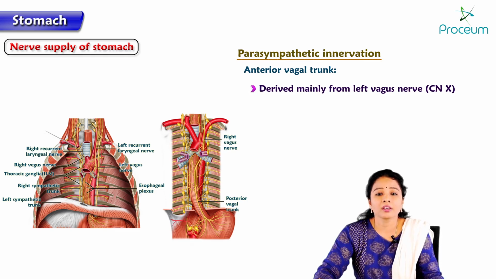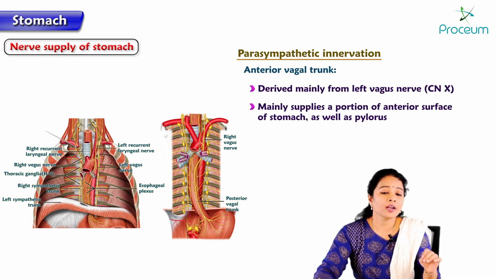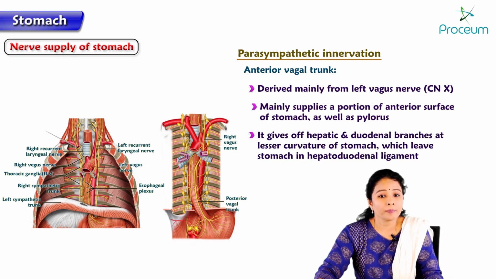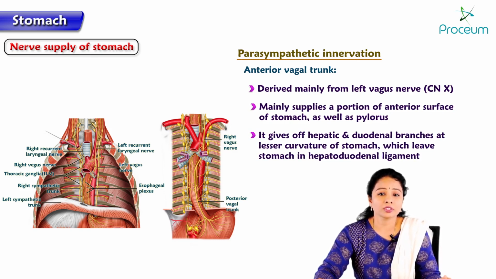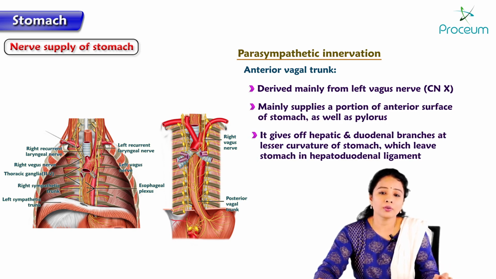Because of the rotation of the stomach during development, the left vagus nerve is considered as the anterior vagal trunk in relation to the stomach. The anterior vagal trunk mainly supplies a portion of the anterior surface of the stomach as well as the pylorus, and it gives off hepatic and duodenal branches at the lesser curvature of the stomach, which leads the stomach into the hepatoduodenal ligament.